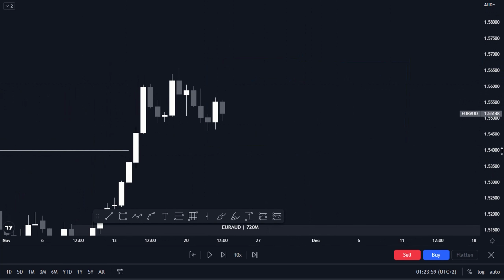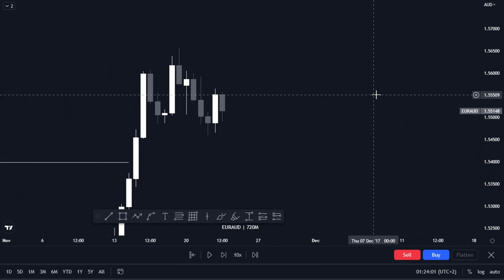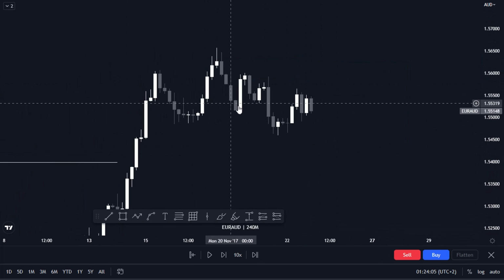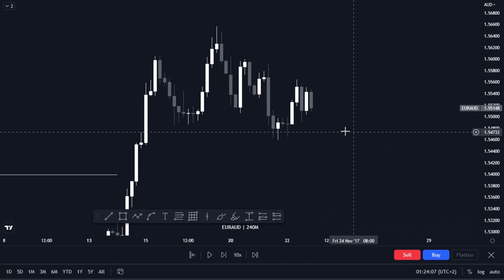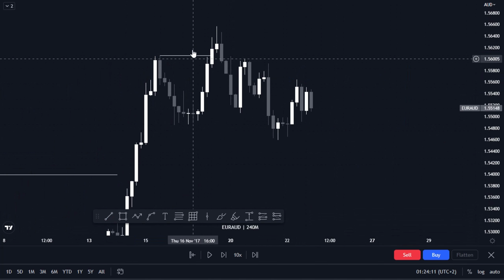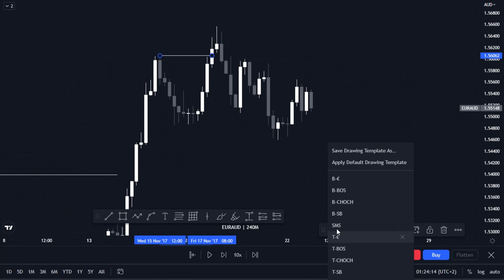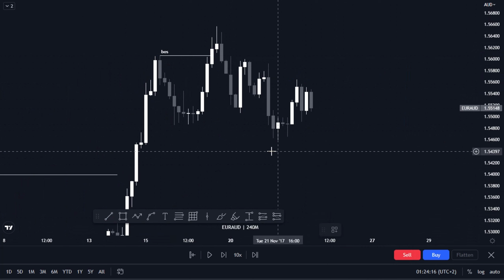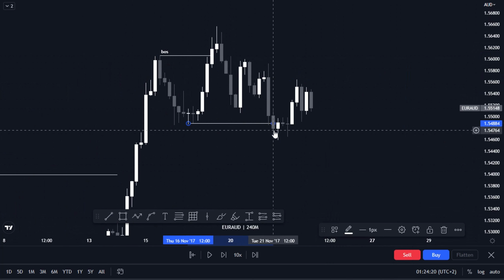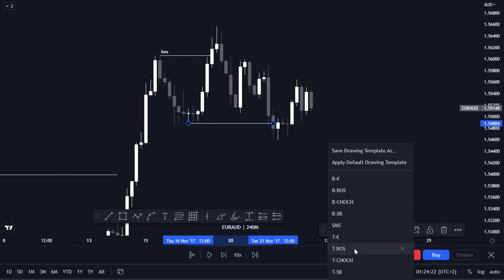So as you can see here, if we can move on to the 4-hour chart, we have something like this. Okay, so we have this break of structure here, and initially we have this change of character here.